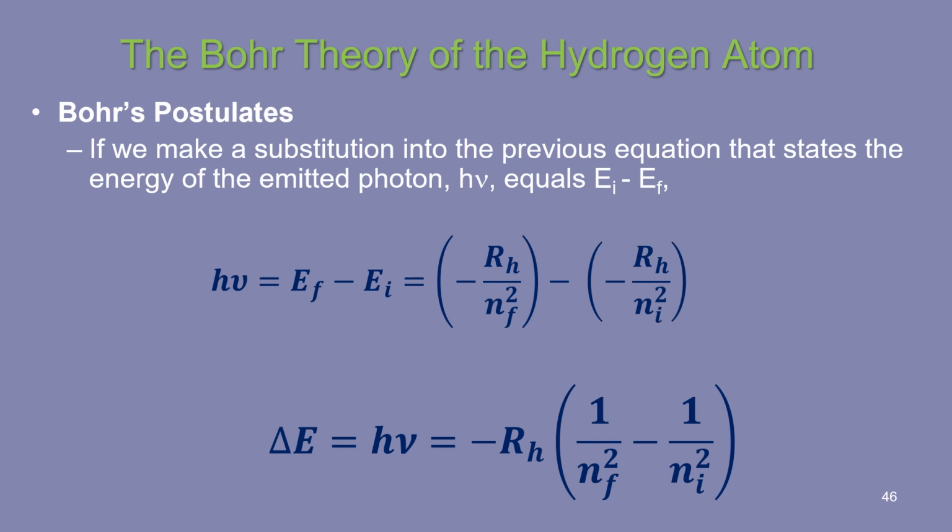the following equation, which looks very much like the one that Balmer came up with. He just didn't know what he had found, and now we can use that R_H number instead.